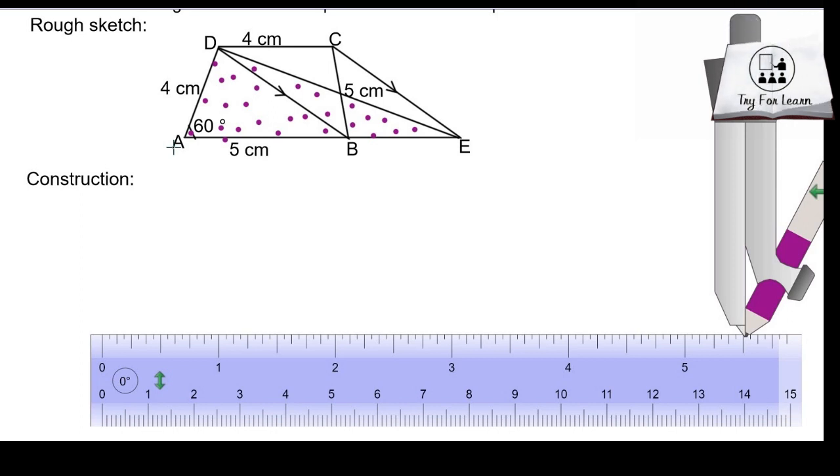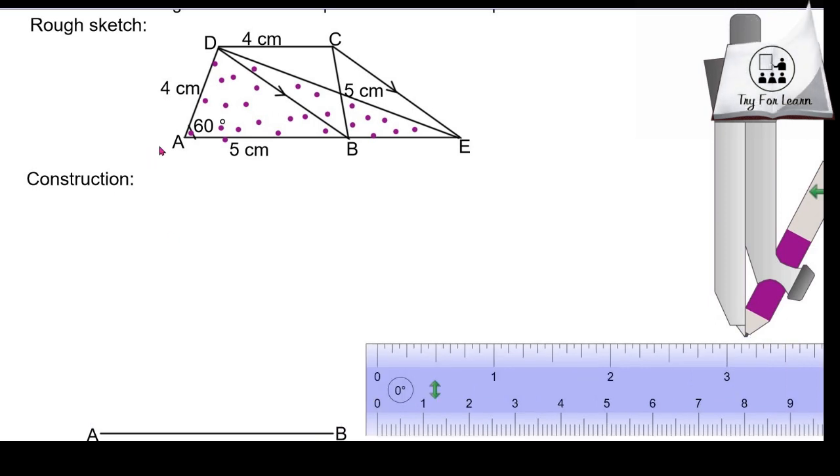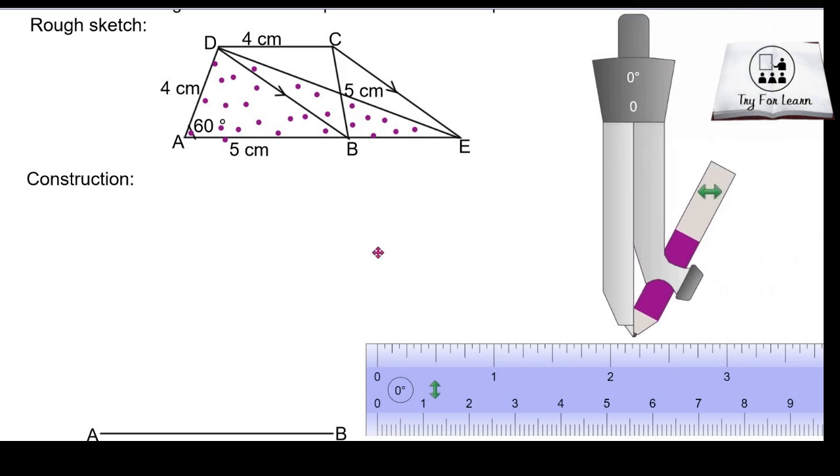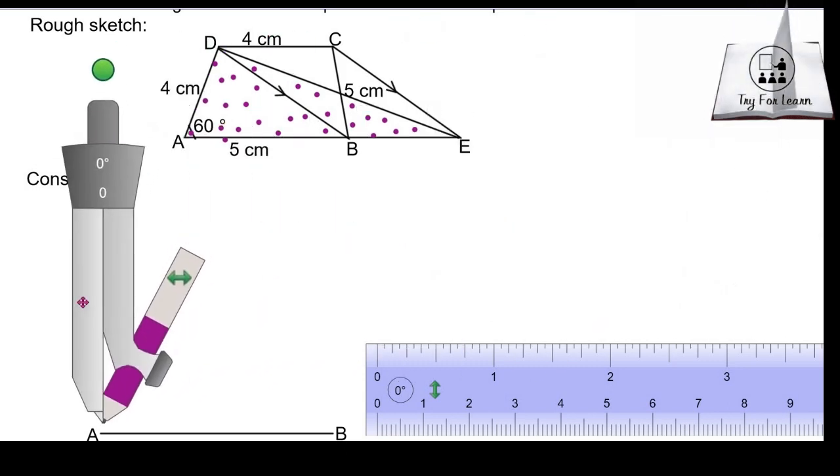First of all, construct base AB whose length is 5 cm. So here we are going to measure 5 cm. Yes, this is exactly 5 cm. The name of this is AB. In line segment AB, at A there is a 60 degree angle. So from vertex A, we need to draw a 60 degree angle with the help of a compass.